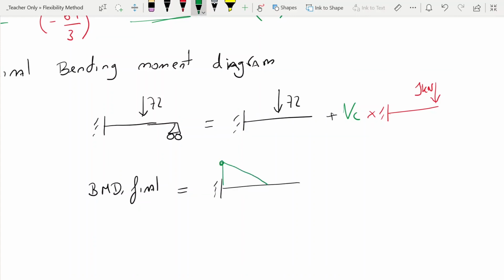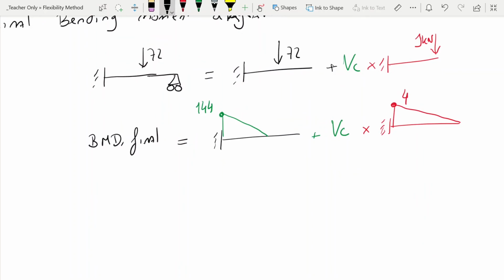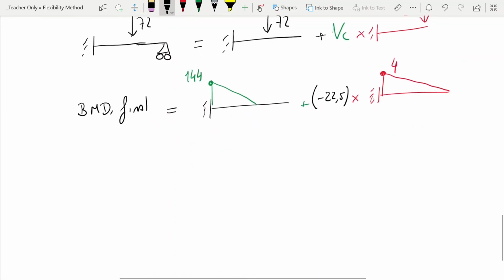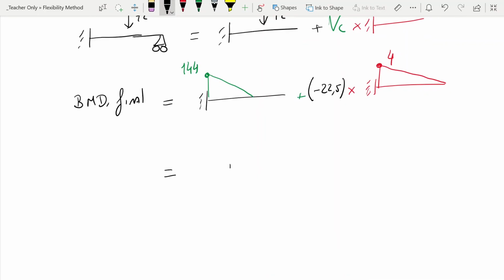It was with 144 plus VC, and now we can multiply this by the diagram that we got for the other case. And the last thing we need to do is replace VC with the actual value of VC, which was minus 22.5. Our final bending moment diagram will basically look like this.